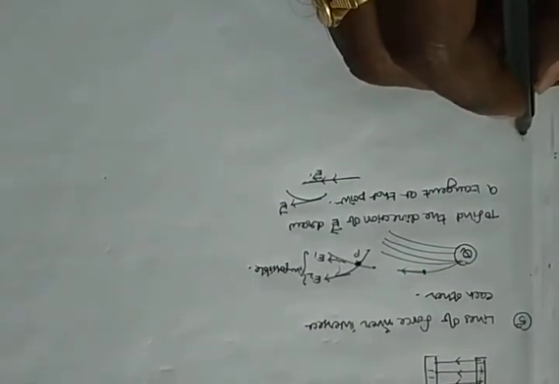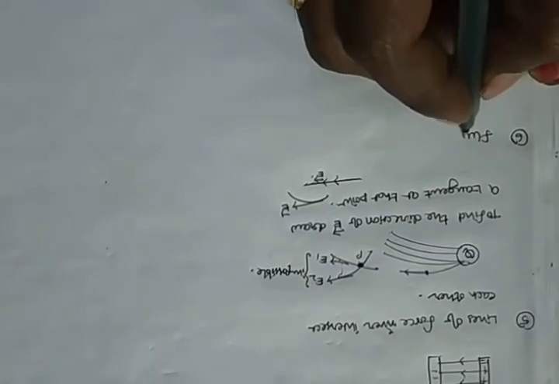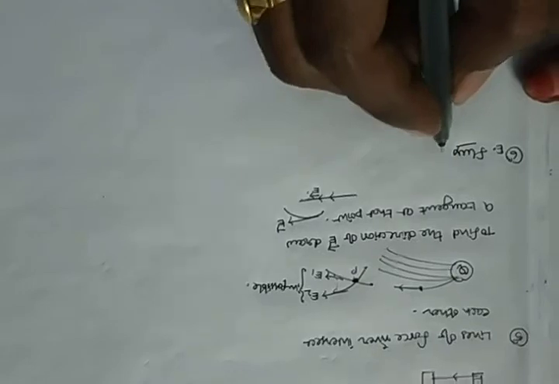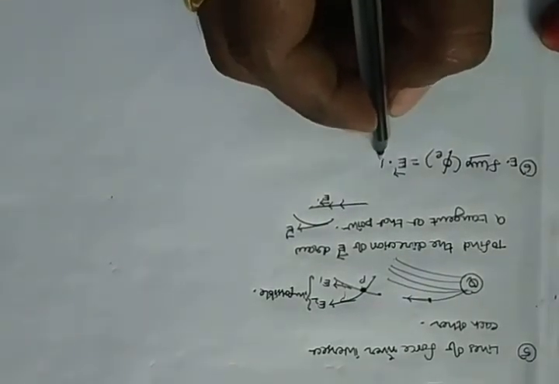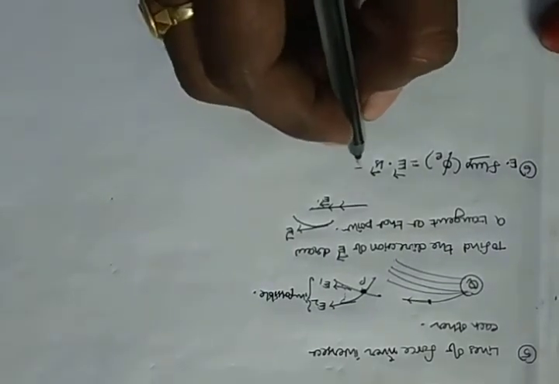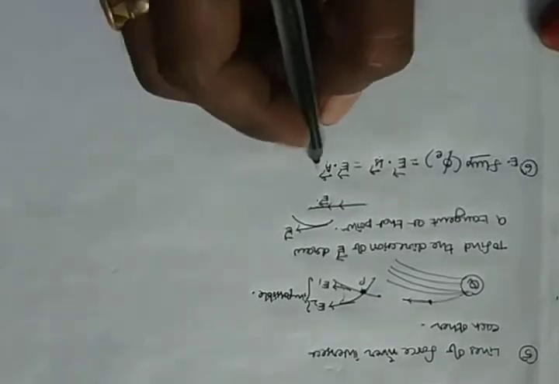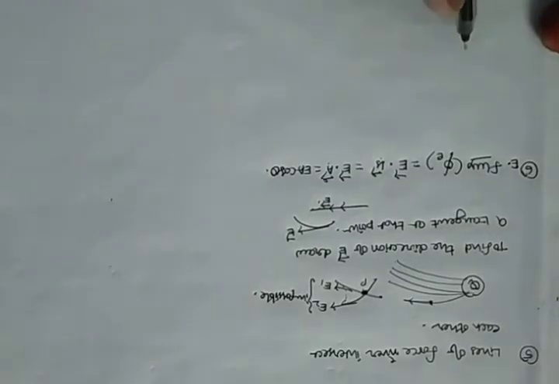Next, the total number of lines of force can be defined as the flux. Electric lines of force means electric flux, represented by phi E. That phi E is represented as E bar dot S bar, or E bar dot A bar, where A is the surface area. So you can write it as EA cos theta.